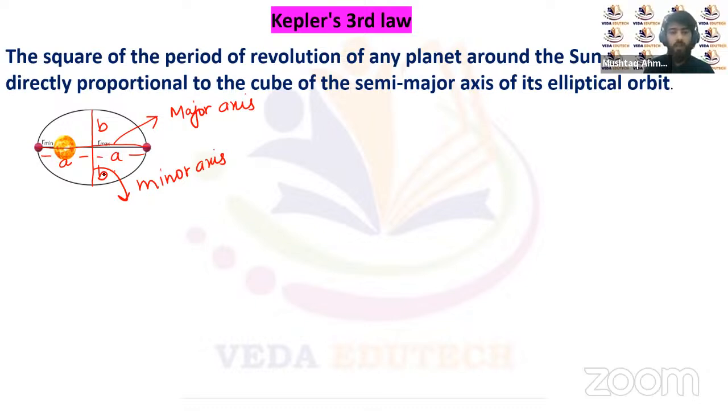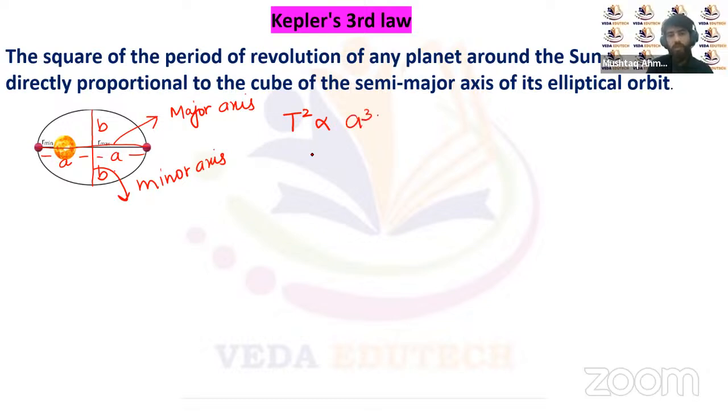According to Kepler's third law, the square of the time period of revolution around the Sun is directly proportional to the cube of the semi-major axis, right? It means that if T is the time period, then T square is directly proportional to the cube of the semi-major axis. Now the semi-major axis here is A, so it will be A cube.